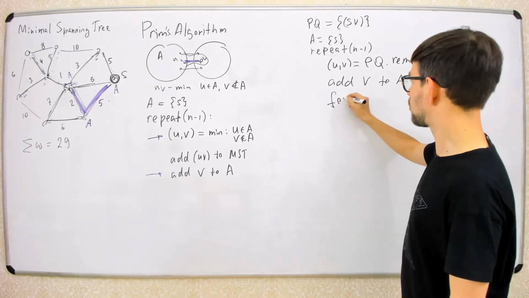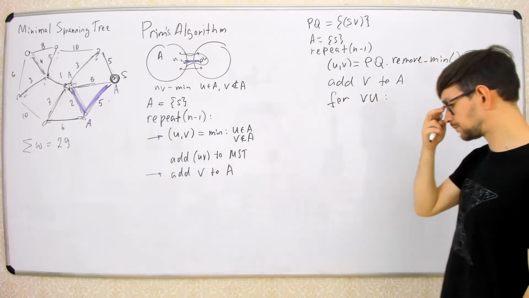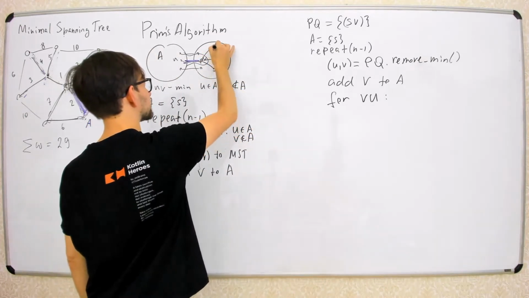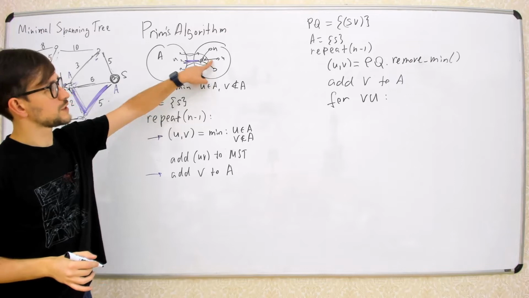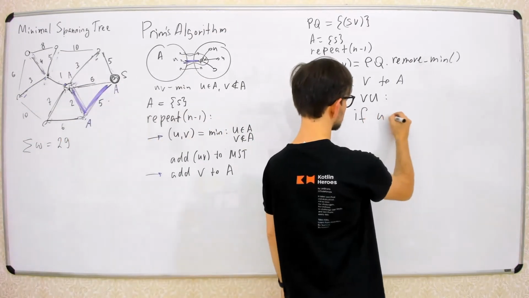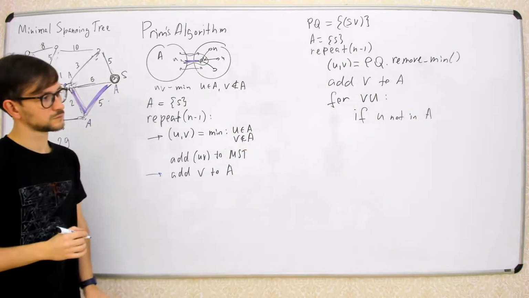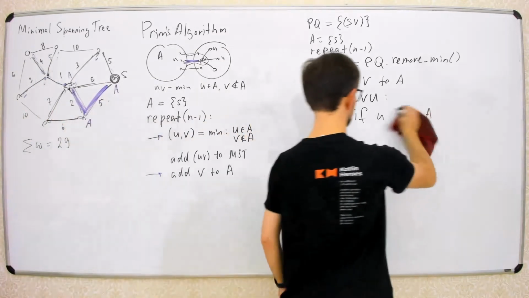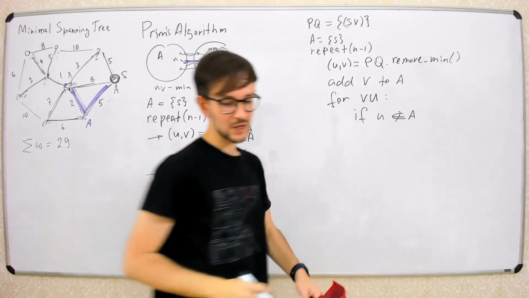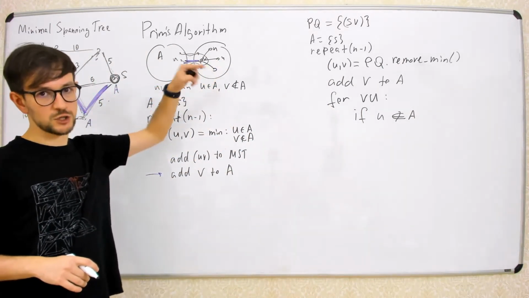So let's iterate over all edges connected to this node V. So we have some edges like this. If this vertex U is not in A, then we need to put this edge into the priority queue.